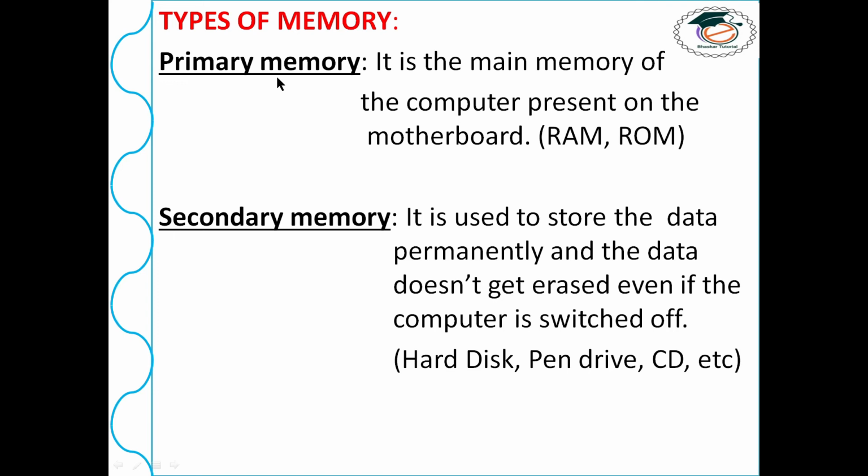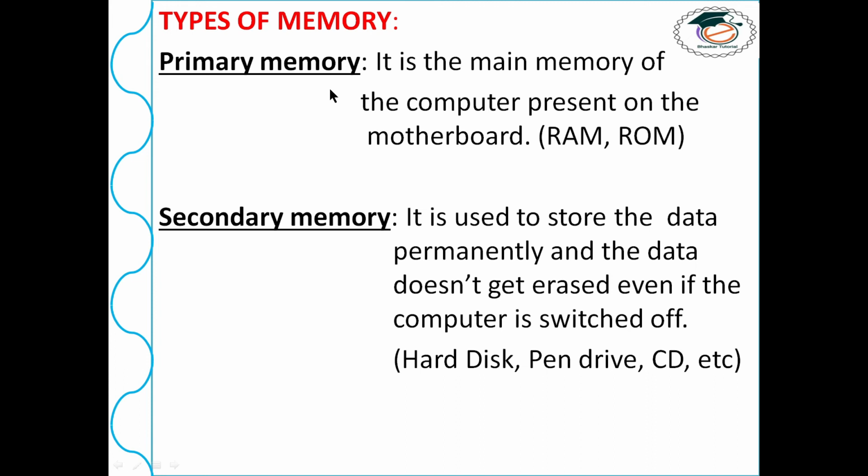So whenever you work in Microsoft Word, a presentation, or Excel, the primary memory is used at that time, not the secondary memory. But after completing the work, when you save it, the secondary memory is used at that time. Just keep in mind these things.